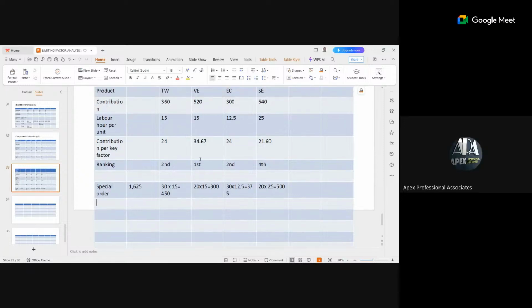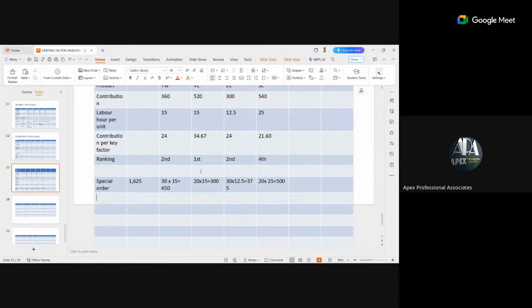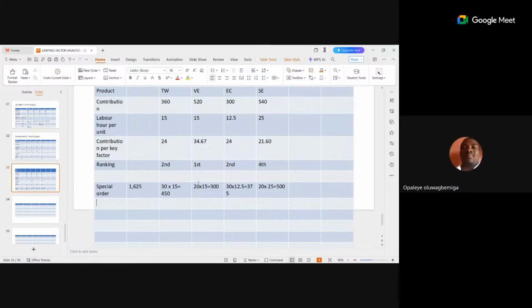VE. Now, having produced 20, we are left with 180, right?